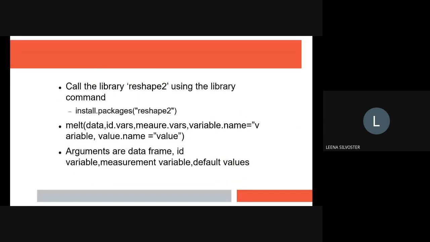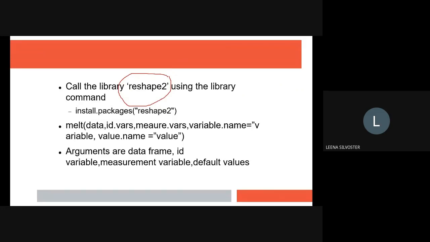In order to use this recast, we need a new library, reshape2. You have to install this reshape2. In the previous class, we had discussed how to install a new package from the packages panel. Where is it located? The packages panel is located in the bottom right portion of RStudio.